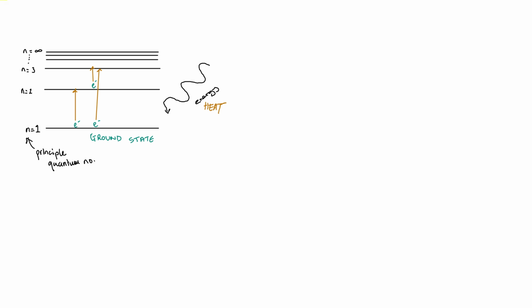So electrons absorb specific wavelengths of light which is proportional to the energy gap between the energy levels.